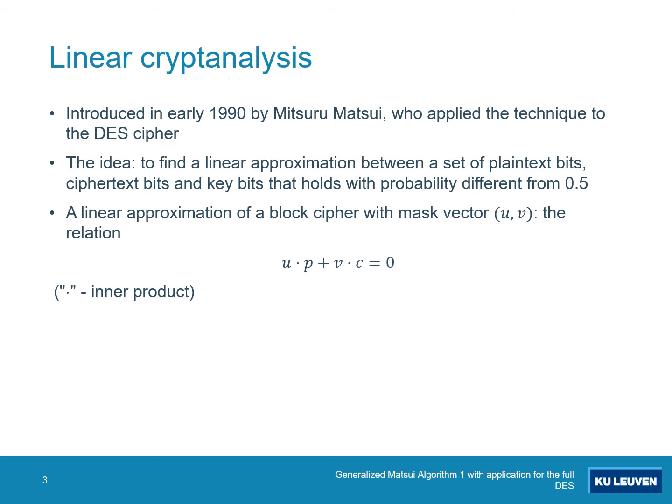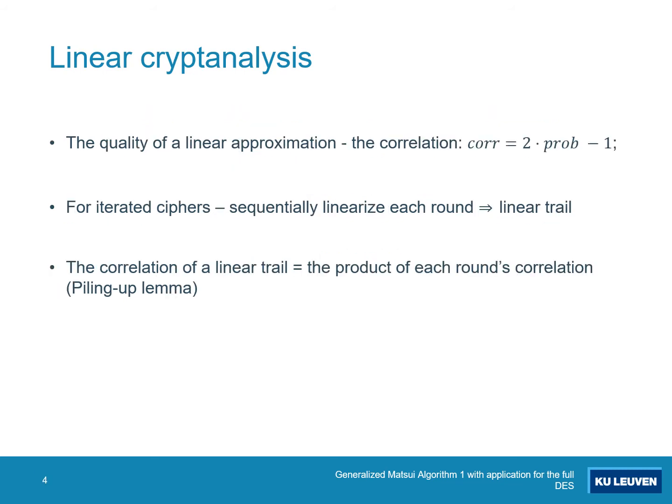For simplicity, we associate to each linear approximation a mask vector u, v. The linear approximation will hold if the relation presented on the slide also holds. Note that the dot represents the inner product. The quality of a linear approximation, often measured by its correlation or its bias, is one of the open problems nowadays in linear cryptanalysis.